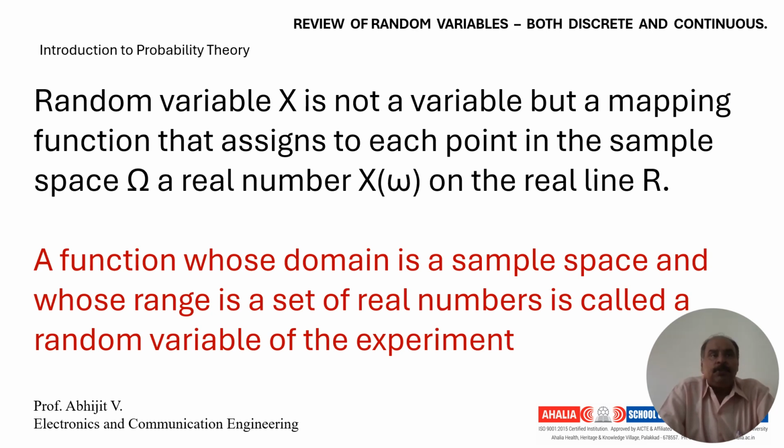Explain what you have understood by a random variable. So a random variable is a function. The input for this function, the values which the function depends upon, are the points in the sample space.